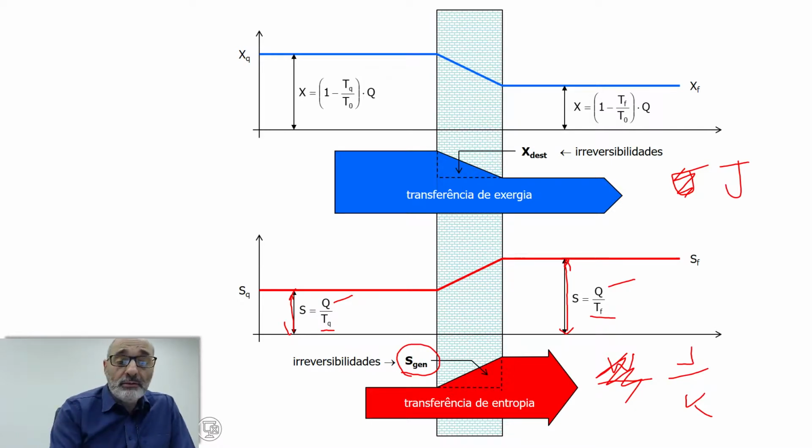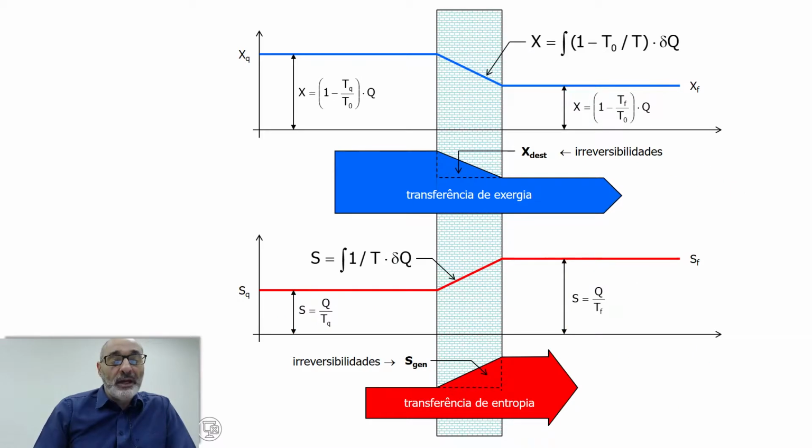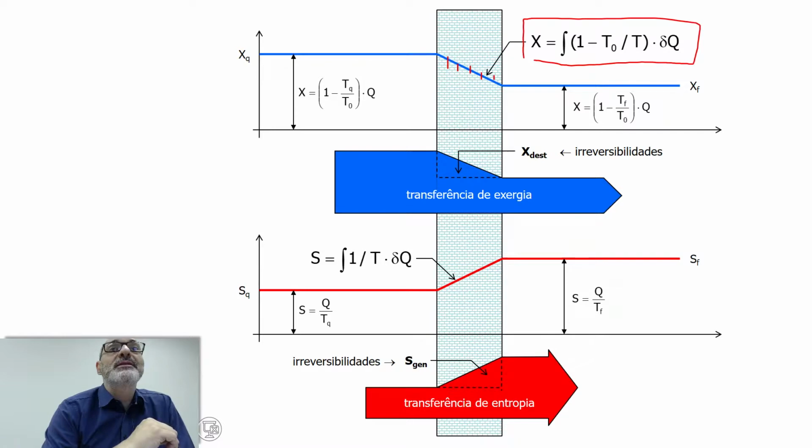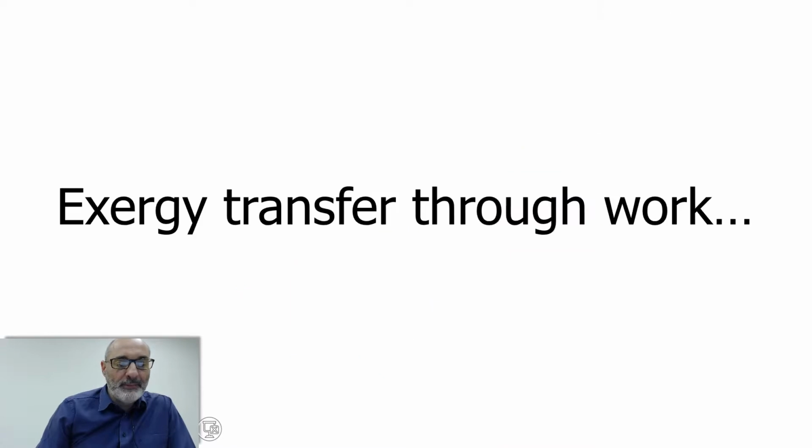Okay, so we had already seen how to calculate exergy from heat flow, okay? And if you want to calculate the exergy content at these specific points, or the overall exergy destruction, you simply integrate this, just the same as in terms of entropy, okay?